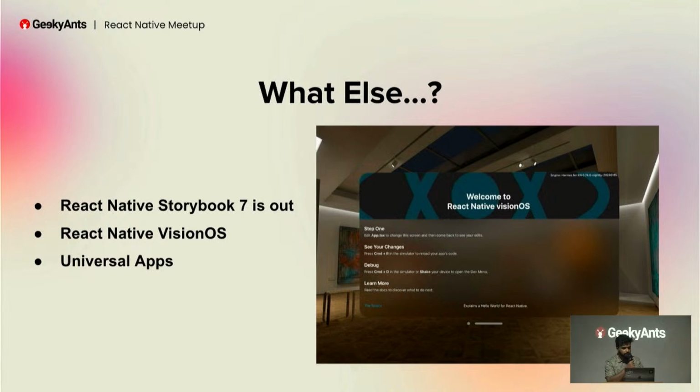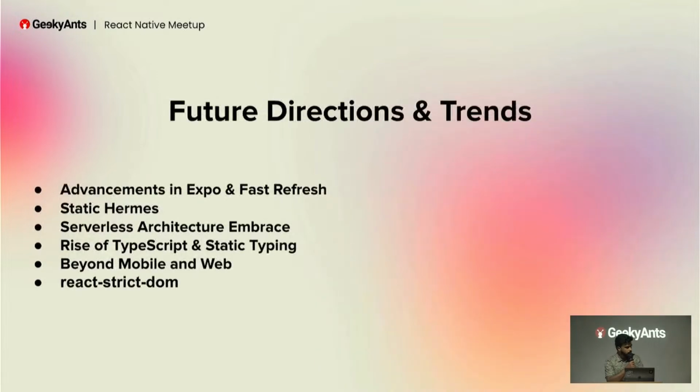There have also been developments around React Native UI libraries, like GlueStack, which we are building, and Expo Router, which is bringing universal apps to reality. So more and more universal apps we will see in the future. Those were the updates in and around React Native.